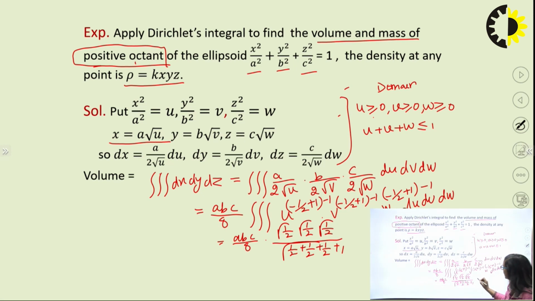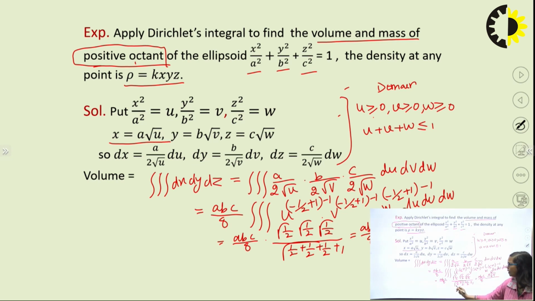Let me try to solve it. You have already studied the gamma function. Gamma half value is nothing but under root pi. So it will become under root pi multiplied by under root pi into under root pi. The multiplication of all these gives you the value pi under root pi.